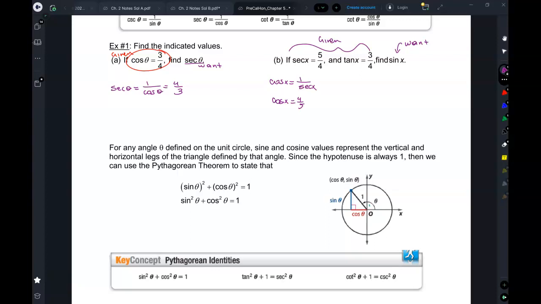I know that sine over cosine is tangent, so I can use that, right? So now I have cosine and I have tangent. I know that tangent is sine over cosine. So sine x is cosine times tangent, which is 4 over 5 times 3 over 4. So sine x is 3 over 5.